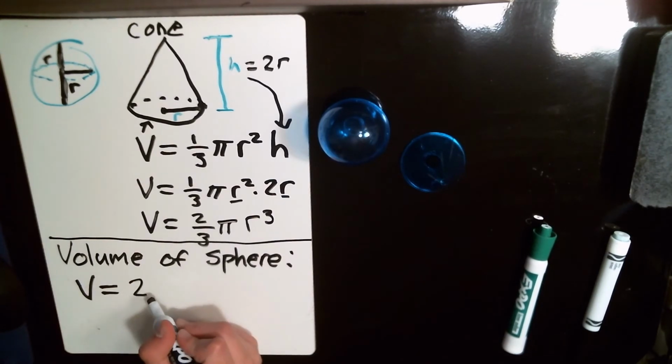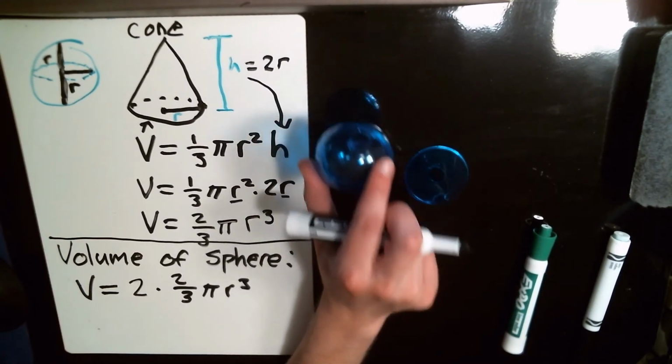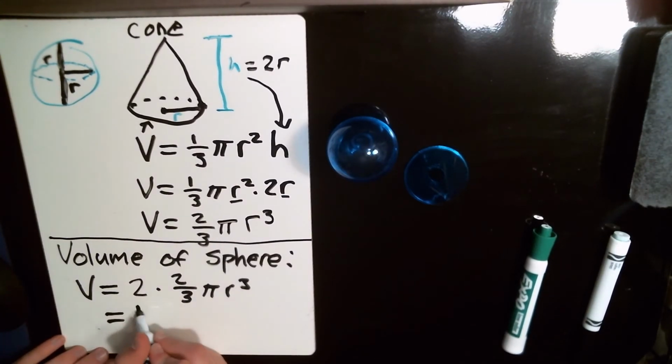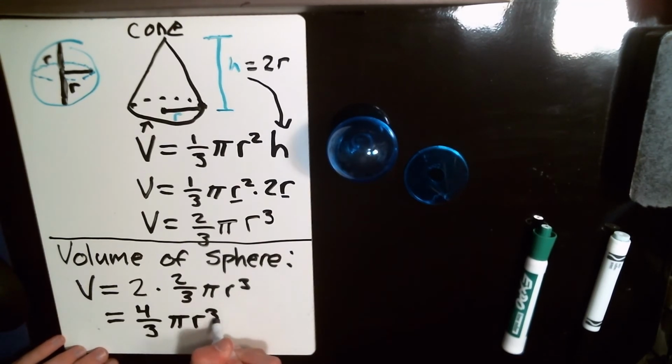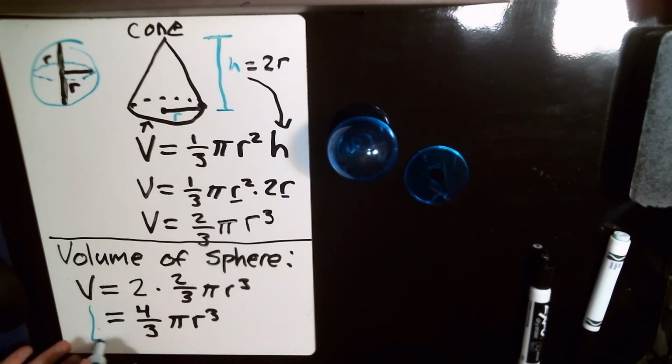So we do 2 times 2/3 pi r cubed, right? Because there's 2 cones that go into this sphere. So I just take the volume of the cone and times it by 2. Well, what do we get when we simplify this? The 2 and the 2 times together to give us 4/3 pi r cubed. Okay? And this is the formula for the volume of a sphere of radius r.